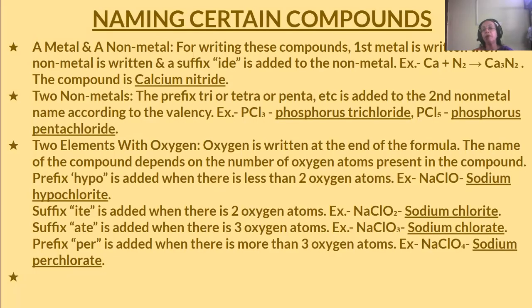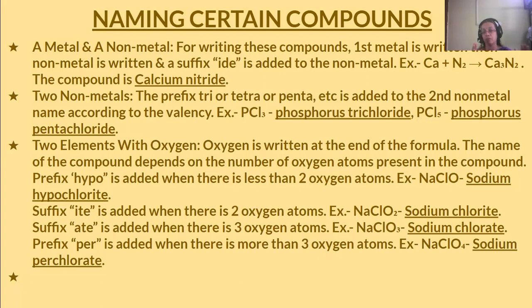Now, how do we name certain compounds? When a metal and a non-metal are considered, for writing these compounds, first the metal is written, then the non-metal is written. And the suffix "ide," I-D-E, is added to the non-metal.